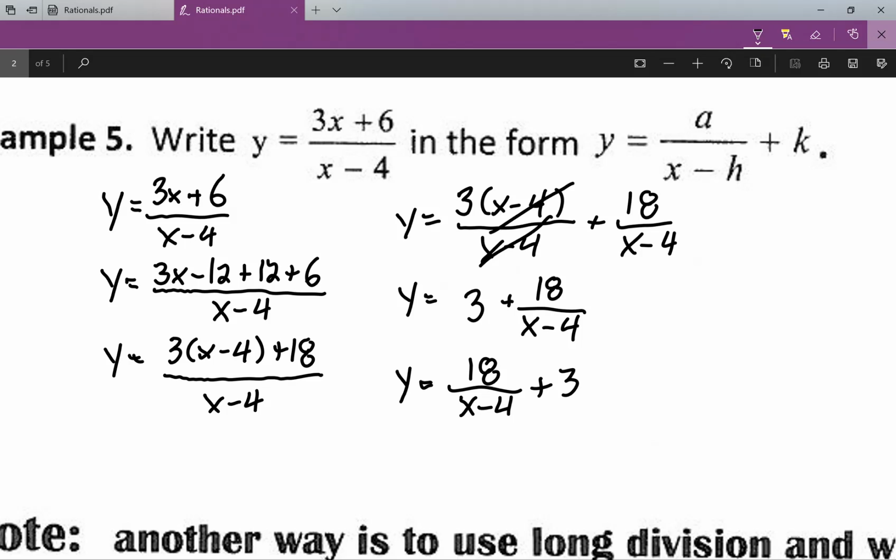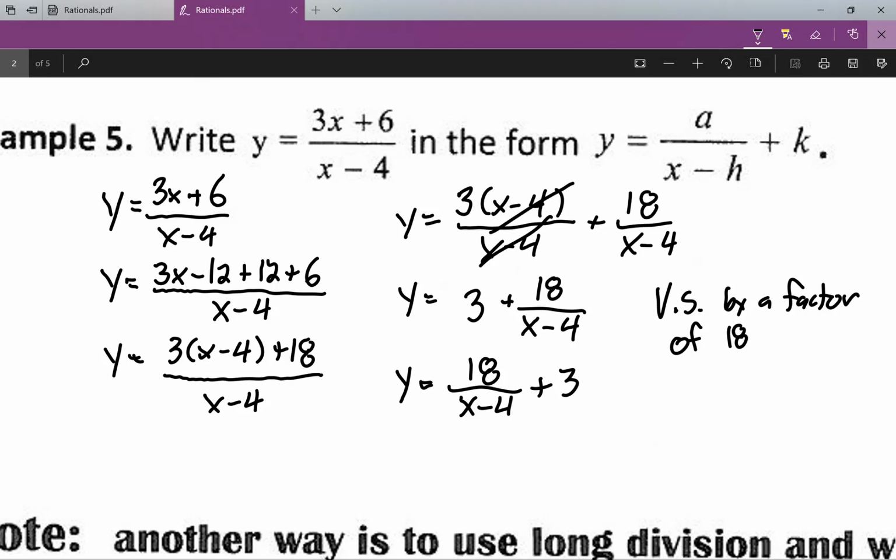Now, we're not going to go backwards on this one. I just went backwards to show you that it is possible to go backwards. And instead what we're going to do is just state what all the transformations are that are going on here. So looking at my a value, it is 18. So that means that I get a vertical stretch by a factor of 18.